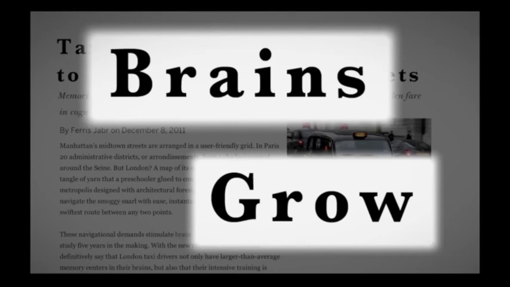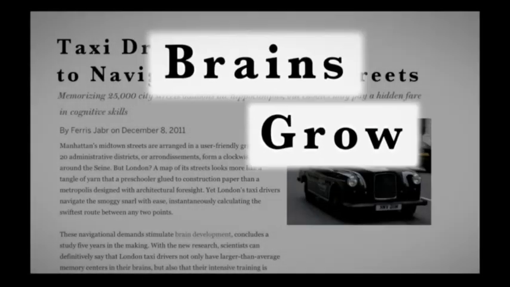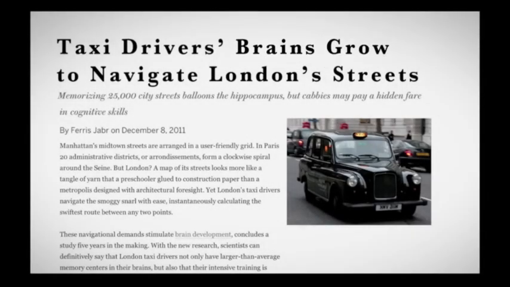Brain plasticity is the idea that the environment, the outside world, can actually change the brain's anatomy, physiology, and function. What it means is that the brain is not a fixed, immutable structure. So for instance, one study found the size of spatial memory areas in the brain become bigger in taxi cab drivers.